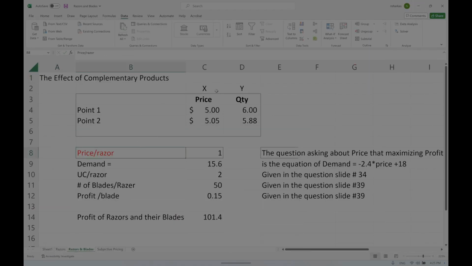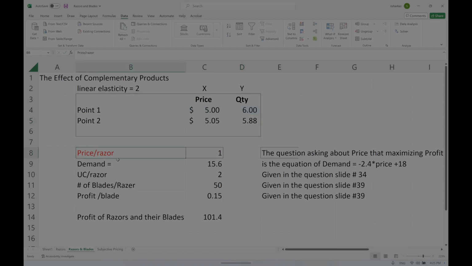What did we do? As we explained in class, we have the price and the quantity, and we again found the elasticity, with the linear elasticity is equal to 2. So we found out what happens when the price increases by 1%, that the demand decreases by 2%.